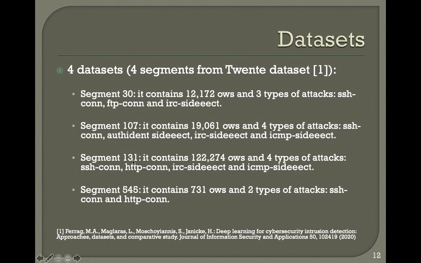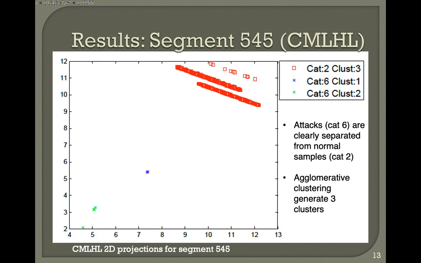These are the 4 segments, and each segment has a different number of samples and a different number of attacks, with 3 attacks, 4 attacks, and 2 attacks, 2 types of attacks. Here we present the first segment used in this paper.